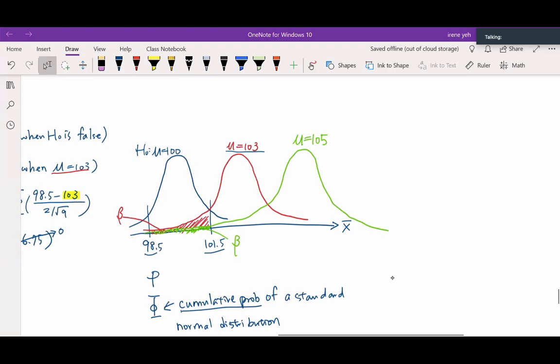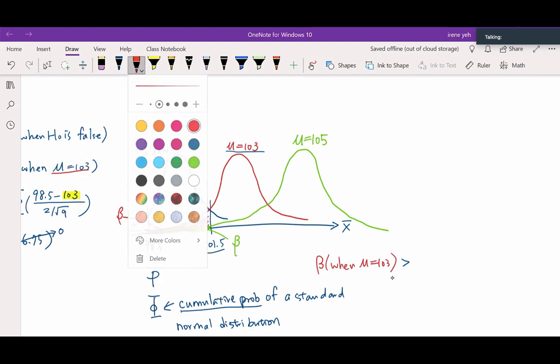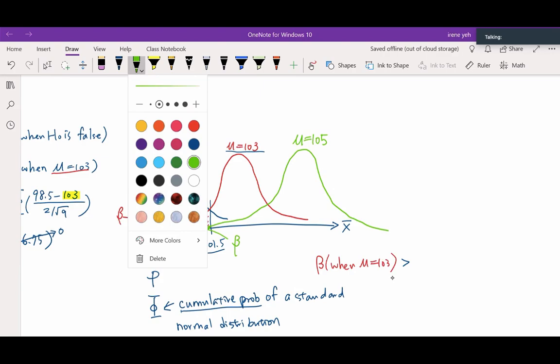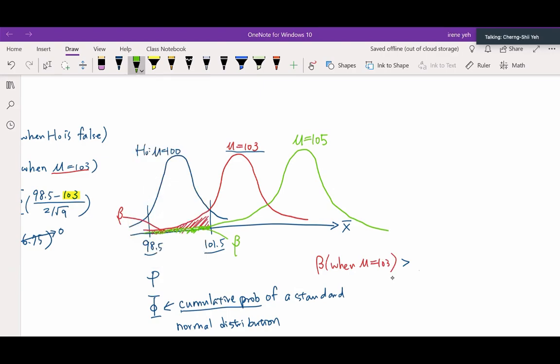So the beta when mu is 103, the probability of making a type 2 error when my mean is 103, will be greater than the beta when mu is 105.